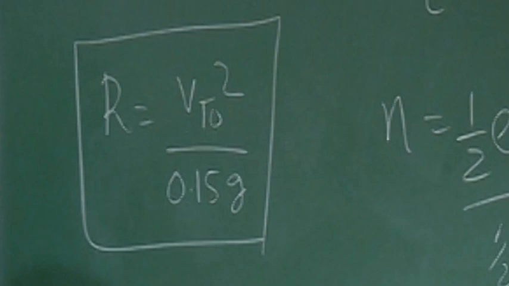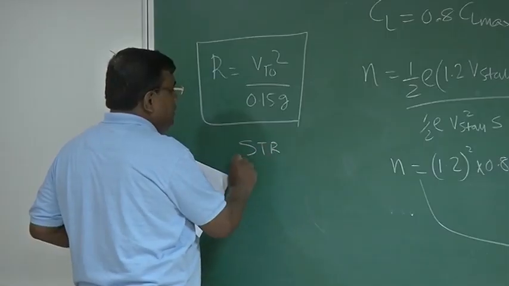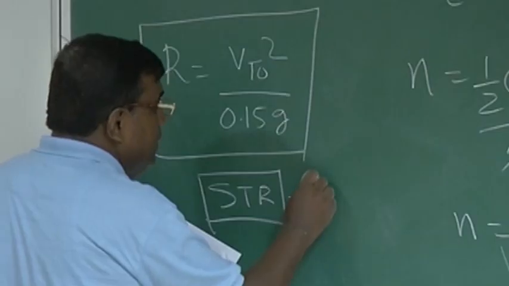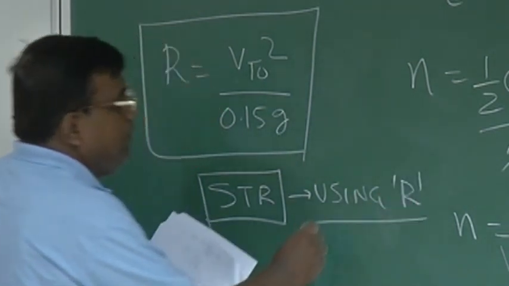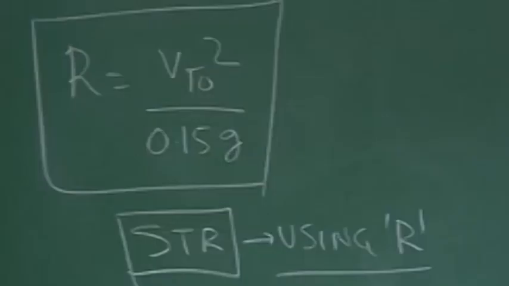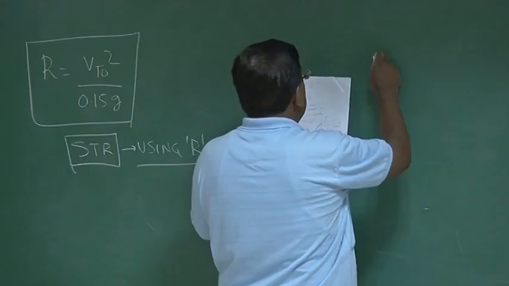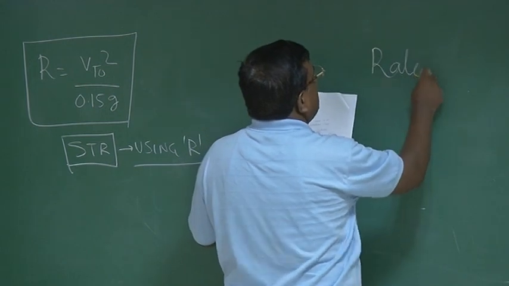Okay? Now I have to calculate STR. This is important. Using this expression of R to get the value of STR, we will now do a little explanation, with the help of geometry. You know, by now you are all experts.